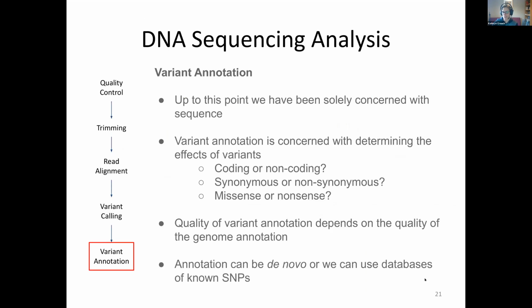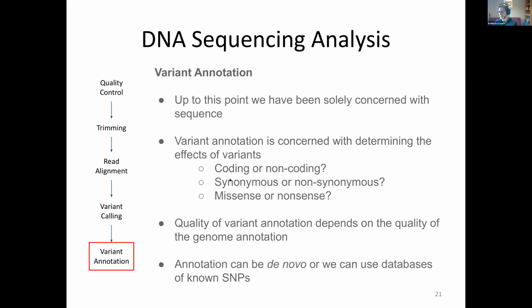So the last thing quickly to talk about with SNPs is that we also need to do something called annotating them. What I talked about before was finding SNPs in a genome and how you'd go about doing that. But the pipeline I talked about so far only gives you information about where the SNPs are. Often the more interesting information is what those SNPs are actually doing. Are they in a coding region or not?